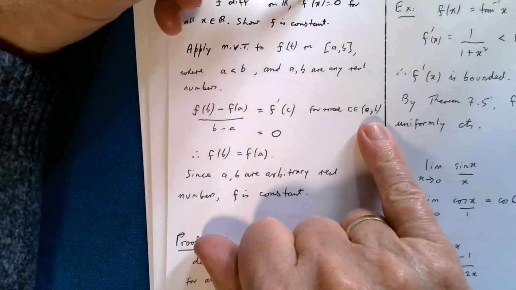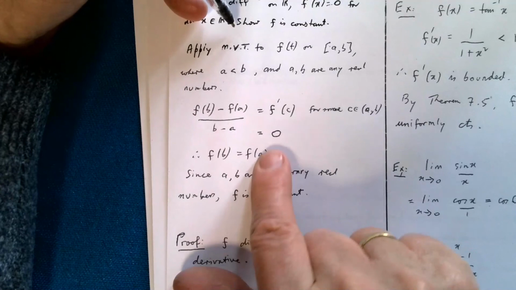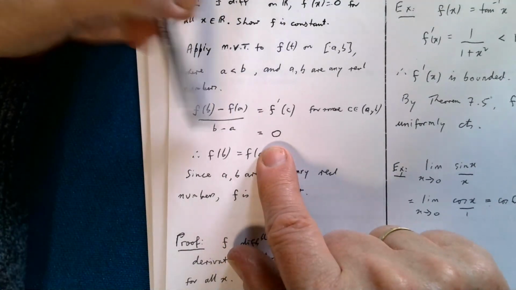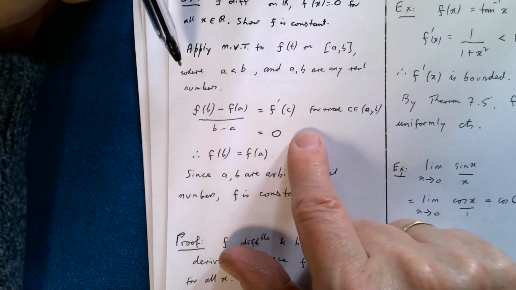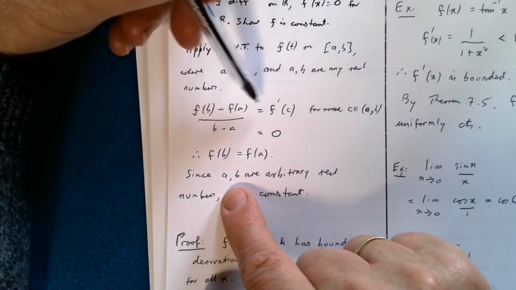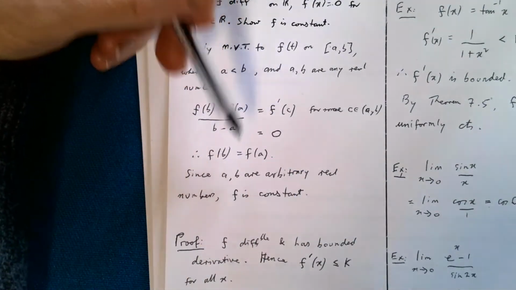Now, our assumption was that the derivative was 0 for all x, so in particular it's 0 at c. So this is equal to 0. I can multiply then both sides by b minus a, and that gives me f of b minus f of a is 0. That is, f of b equals f of a.